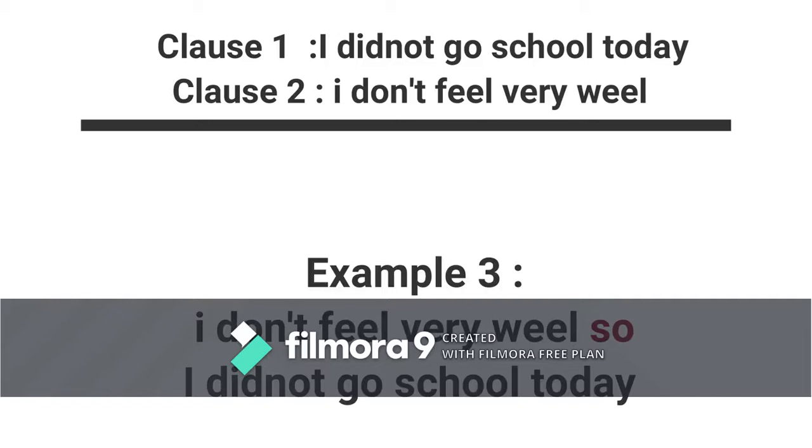And the first clause, I didn't go to the school today, is the result. And the conjunction here is because, and it shows us a reason and result relationship. And notice that we can also say, I don't feel very well today, so I didn't go to the school. In that case, the conjunction will be so.